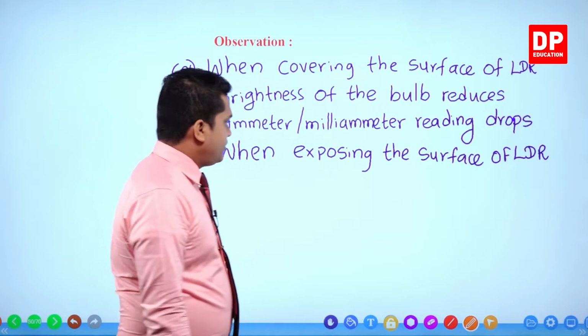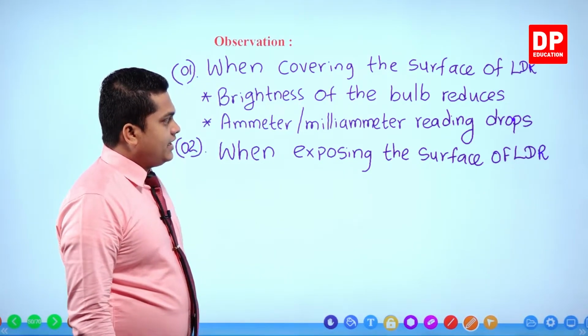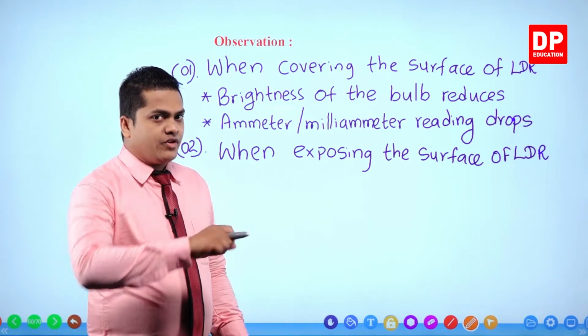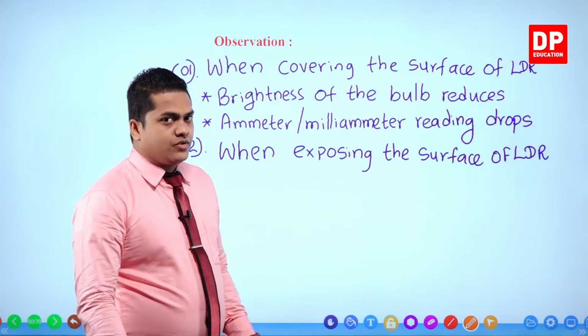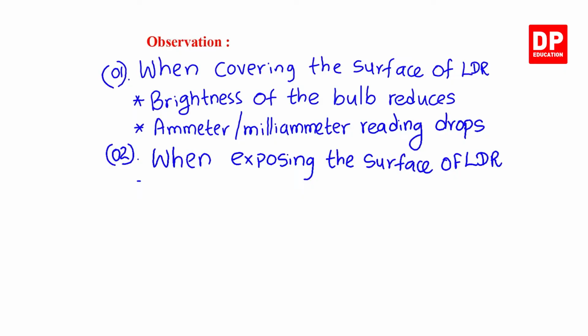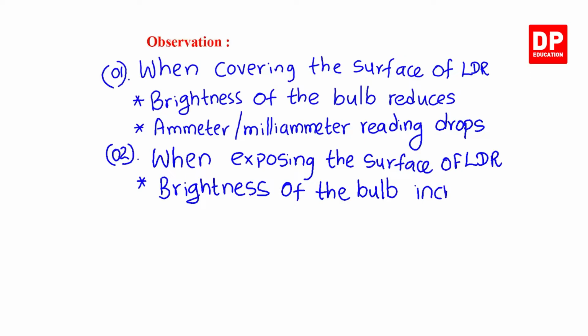When I expose it to the environment, what's going to happen? Number 1, brightness of the bulb increases, right?